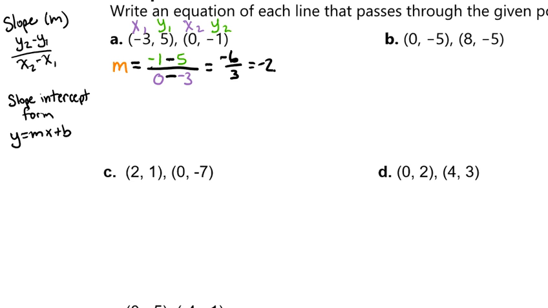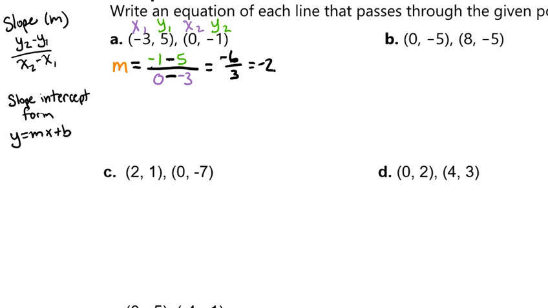But how do I know what my y-intercept is? There are a couple of things we can do. We can either calculate it, or we can look at the points and see if it gives it to us. Remember that the y-intercept crosses the y-axis, which means it has an x value of 0.